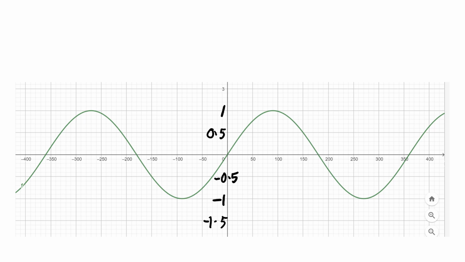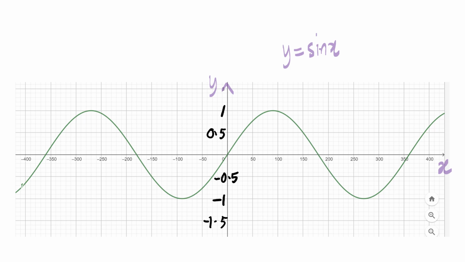On the screen, you will see the sine curve. On the x-axis, I'm going to label it with the letter x. On the y-axis is the letter y. So the name of this curve is y equals sine x. x represents the angle on the x-axis and y represents the value for your trigo ratio.